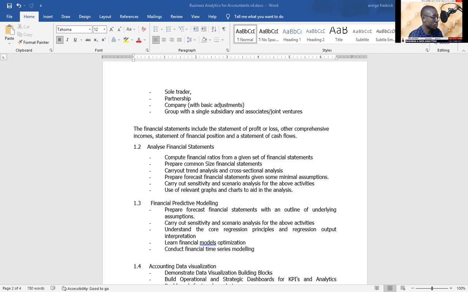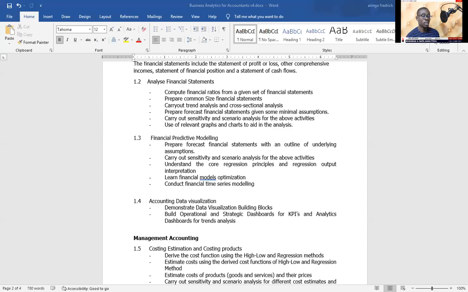So whenever we're talking about carrying out sensitivity and scenario analysis for certain activities, it will be very key to understand some of the key items like data architecture and linear regression. At this point, you're going to apply your knowledge of a bit of SQL and maybe text analysis. We normally tend to talk about predictive analysis.